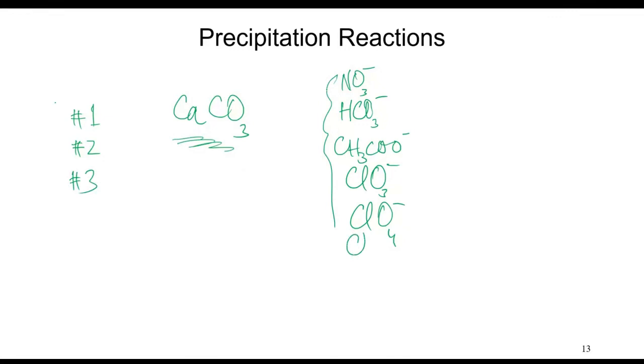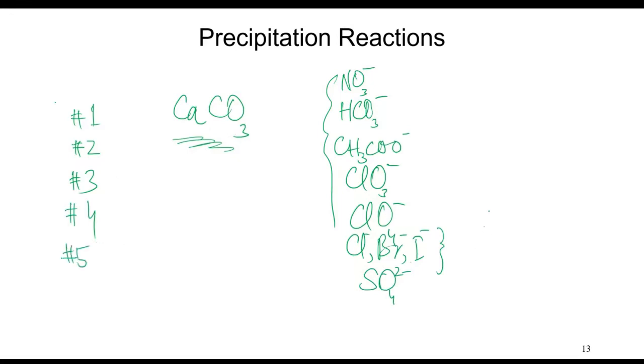What is rule number 3? Cl, Br, and I: chloride, bromide, iodide. Are these present here? No. So move to rule number 4, SO4. Is SO4 present here? No. So move to rule number 5.